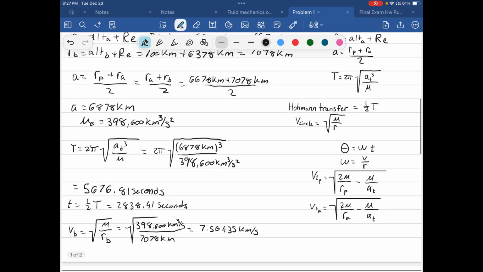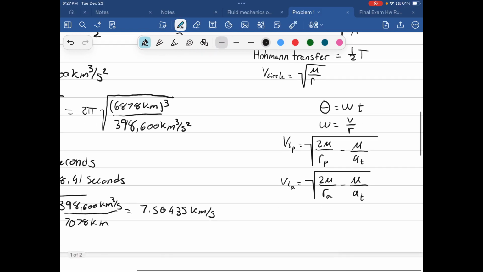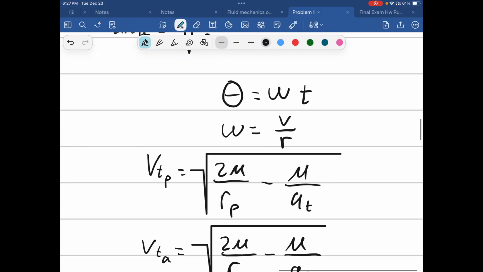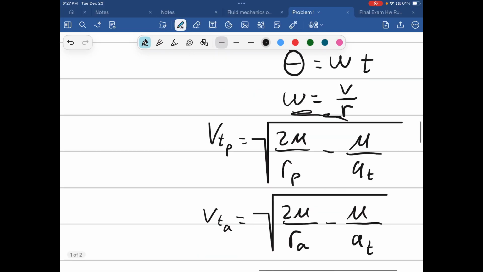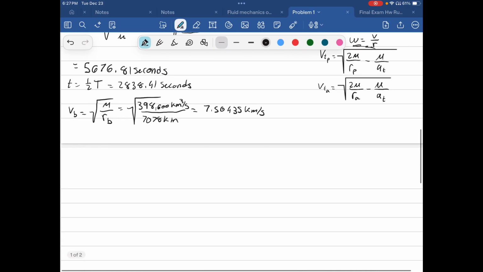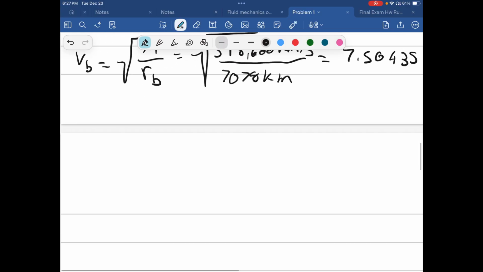And then just going back to very general dynamics here, we know that omega equals V over R, right? That should be something that you're very familiar with.